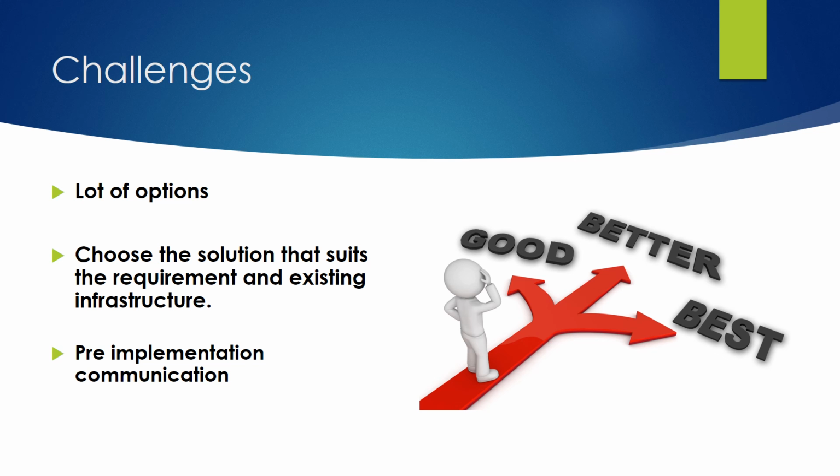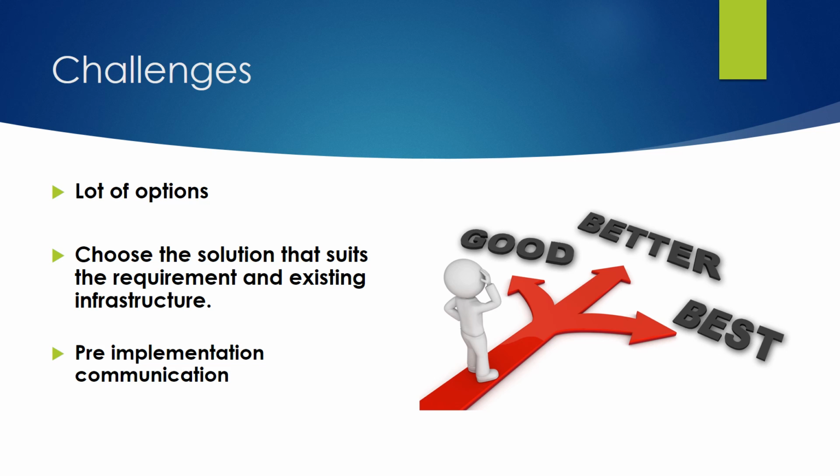Challenges. There are a lot of options available in the market with regards to choosing an apt solution for any organization. It's always best to choose the technology that suits the requirement and that can be integrated with the existing infrastructure with very minimal disturbance.